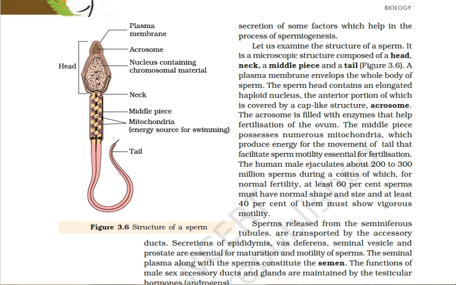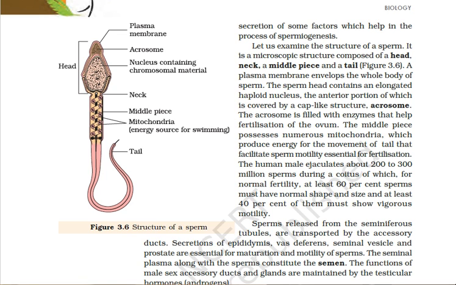Therefore, the whole structure of the sperm contains head, neck, middle piece and tail, and I have already discussed their functions. To recall, the head contains the nucleus having the DNA, and its anterior part contains the acrosome.